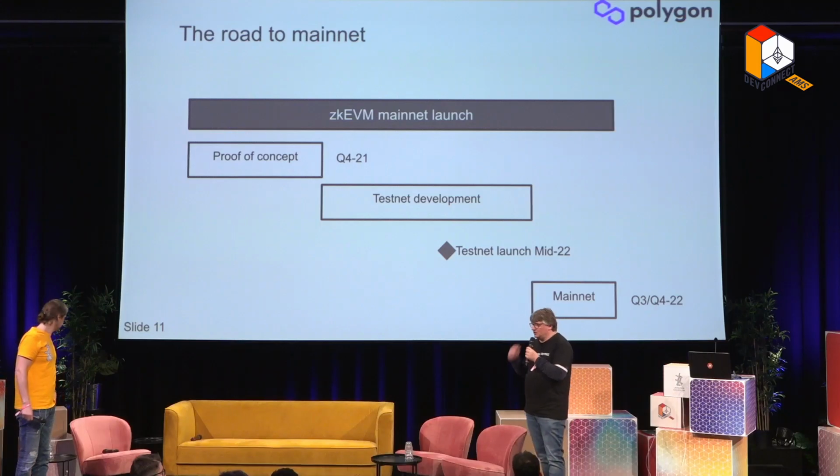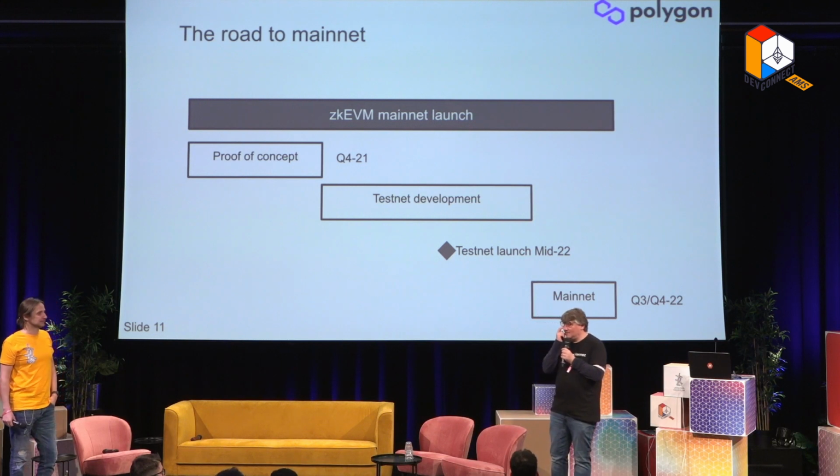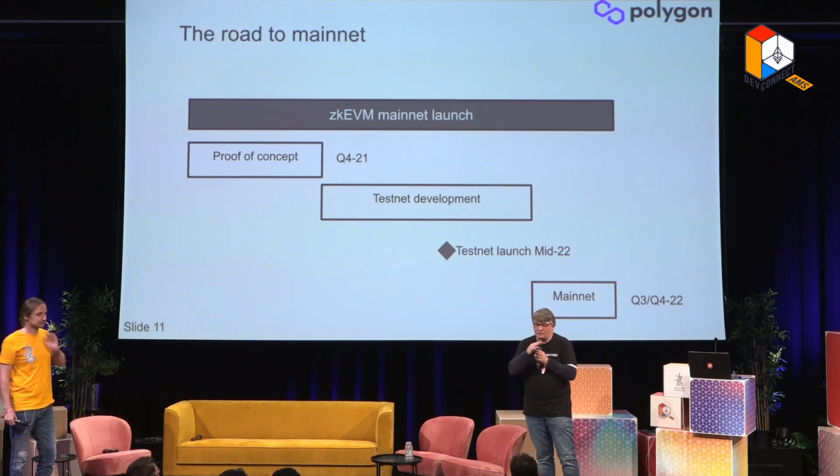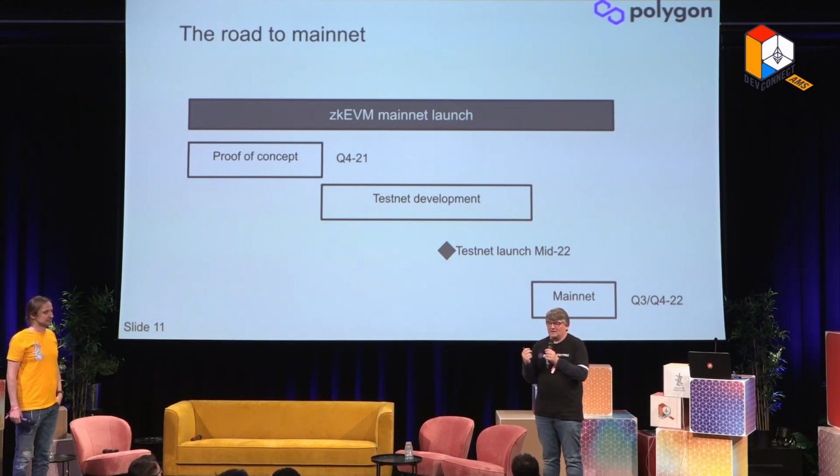Yeah, the main problem in proof of donation is that there was an auction. You are bidding for a slot, and anybody can bid for a slot, and then during that slot, you can generate as many proofs as you want.